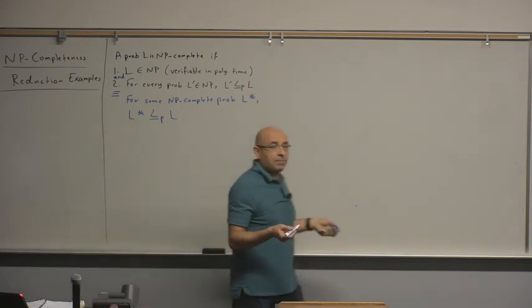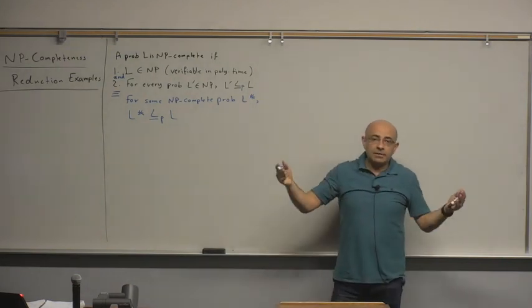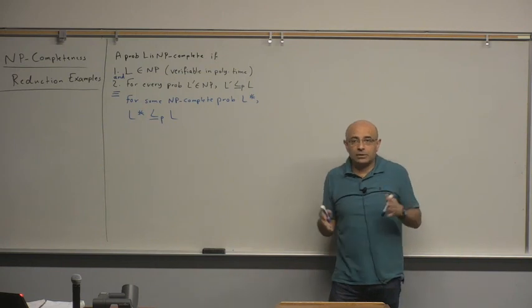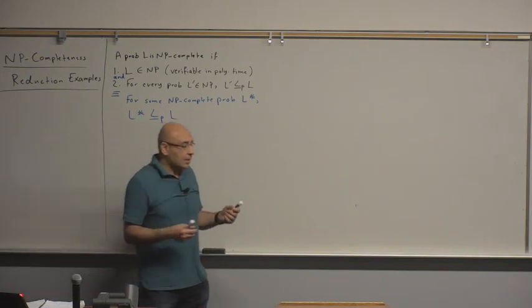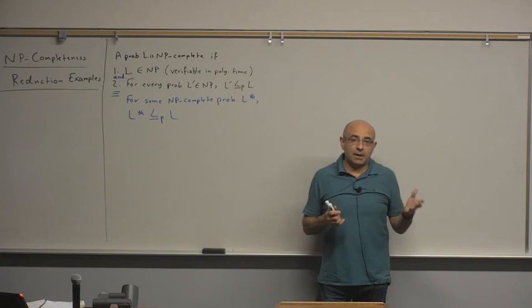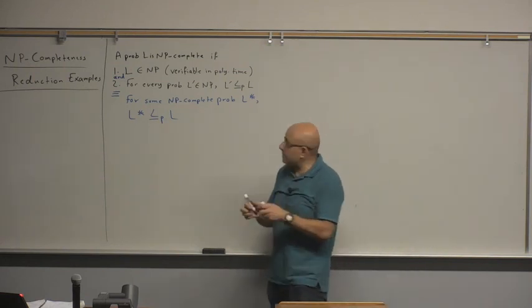And reducing one problem to another is easier than abstractly reducing an infinite number of problems to one problem. Especially if you can find a problem that's very similar to the problem that you are trying to prove. And today we will be looking into some actual examples.